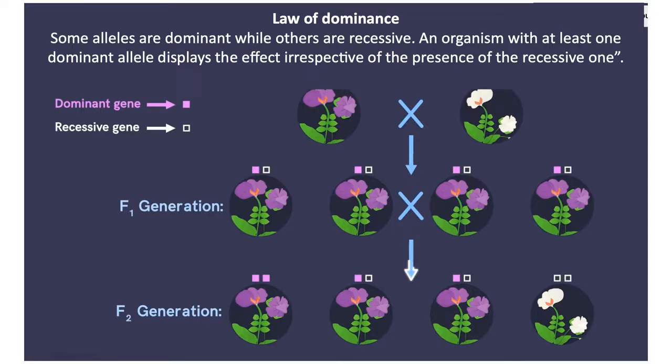But if we move to the next generation, the F2 generation, where F1 is called the first filial generation and F2 the second filial generation, we can have a white color flower because of the recombination. So this is the overall concept of the laws of genetics proposed by Mendel. And Mendel's laws are the law of independent assortment and the law of segregation. And the third law of genetics is the law of dominance.